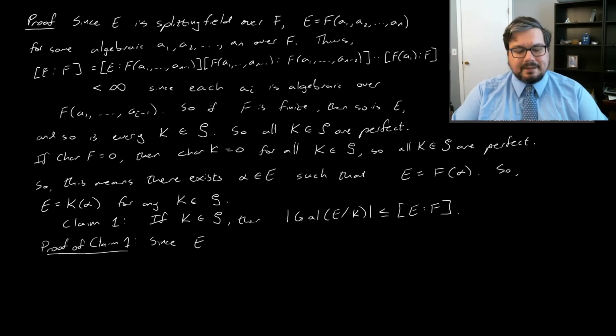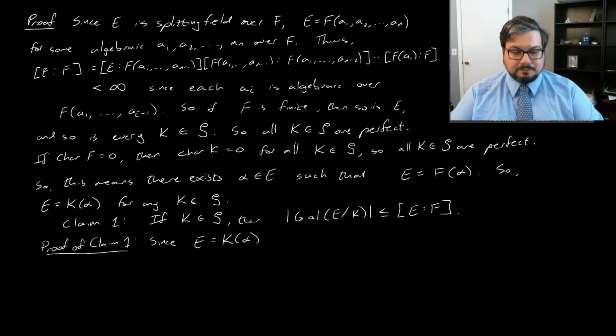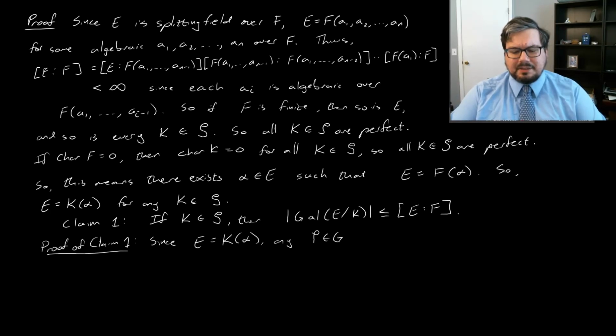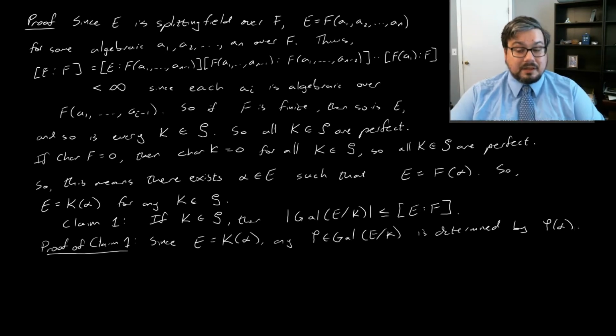So since E is equal to K(alpha), we have that any phi in the Galois group of E over K is determined by phi of alpha, because if we take any element of E, it can be expressed as an algebraic combination of alphas, and so if we know where alpha gets sent, then that determines phi entirely.